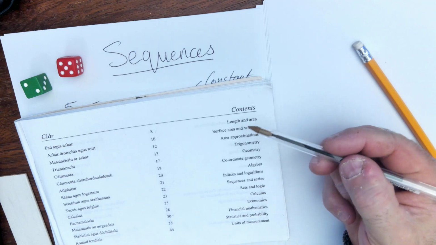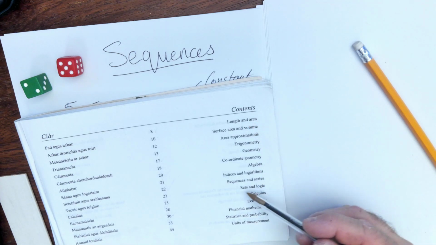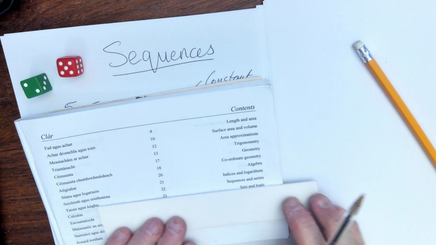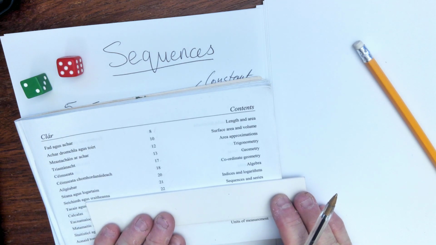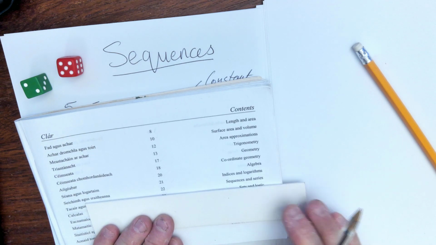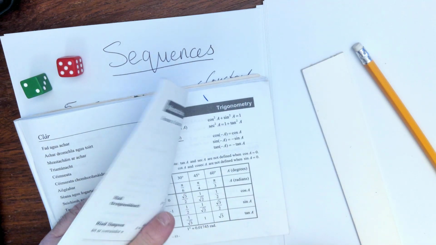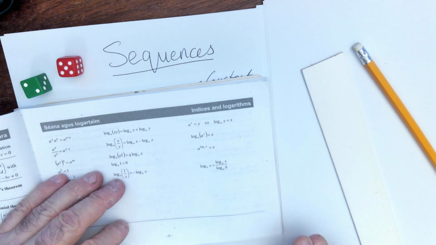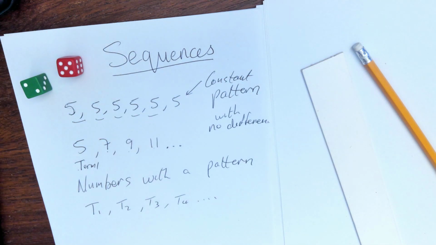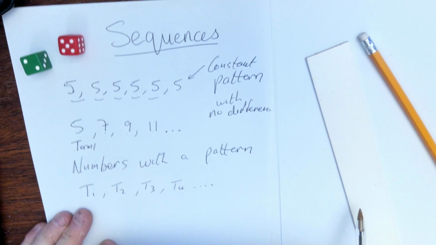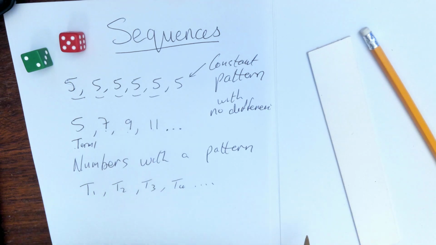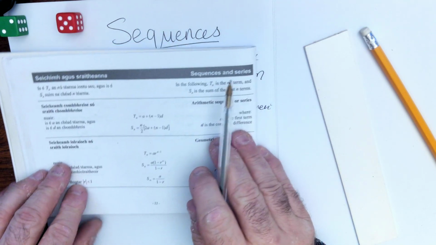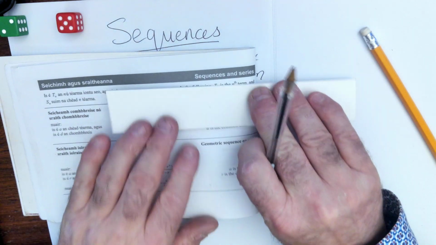Let's go into contents and come down as far as sequence and series. Straight edge to be carefully organized, and we're heading over to page 22. So let's see what we have here. We read it carefully. Sequences and series.